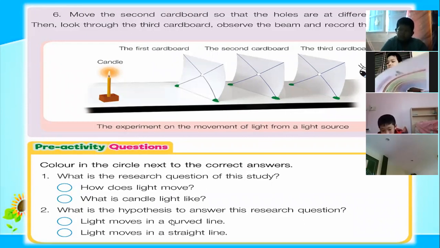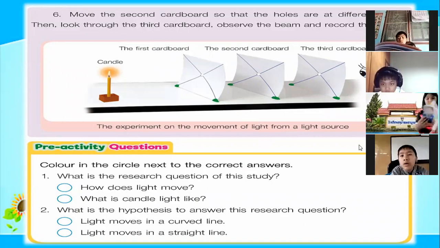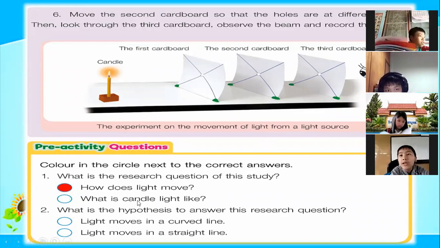What do you think, students? The experiment is about how light moves. This is how we do the whole experiment. So we can find whether light moves in a straight line or not.